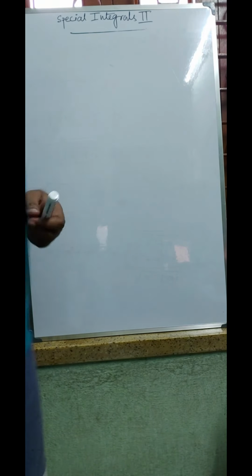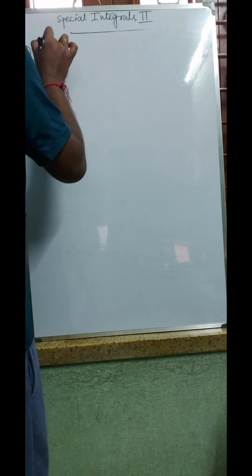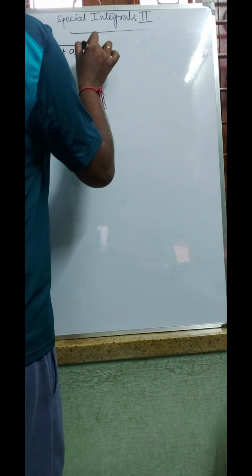So we are doing special integrals too, that is three different integrals which are not directly standard integrals, but obviously they are derived from some standard integrals and eventually we can use them as formulas. So the first one being integration under root x square plus a square dx.